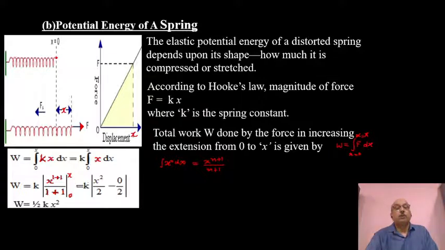First we will use the higher limit and then the lower limit in place of x. So we will get W is equal to kx squared by 2 minus 0 squared by 2. So it is half kx squared.